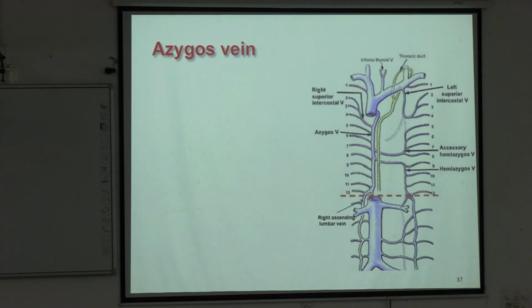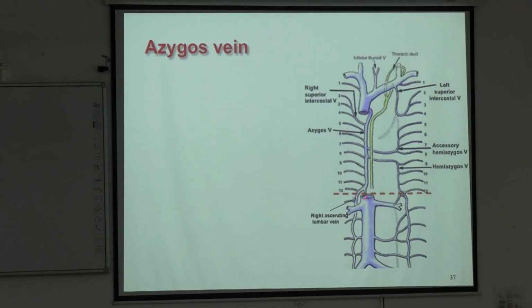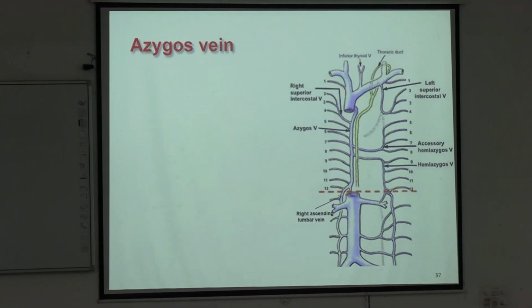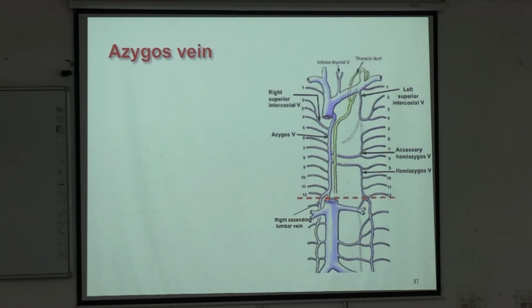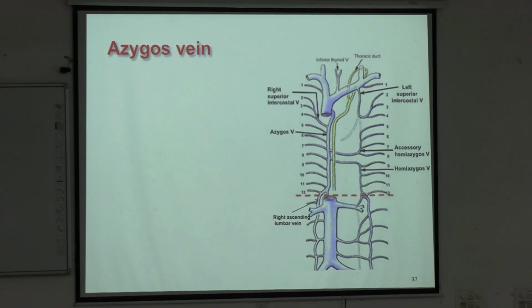Now how is the azygos vein formed? It is formed by the subcostal vein joining with the ascending lumbar vein. These contribute to the formation of the azygos vein at or under the level of the diaphragm.